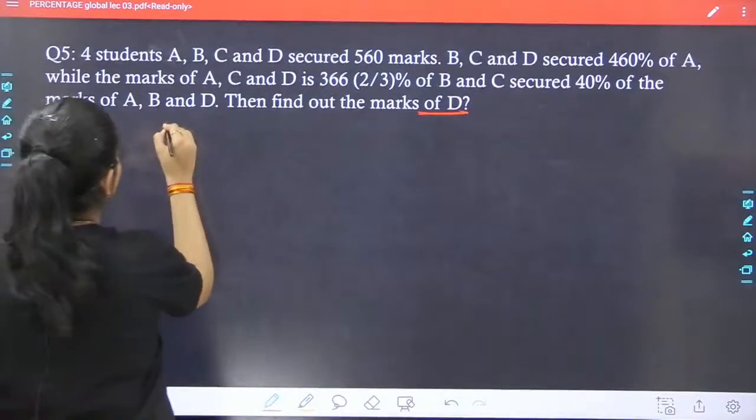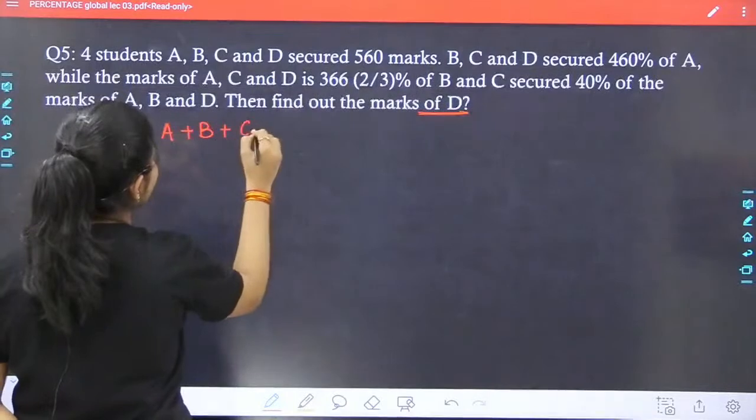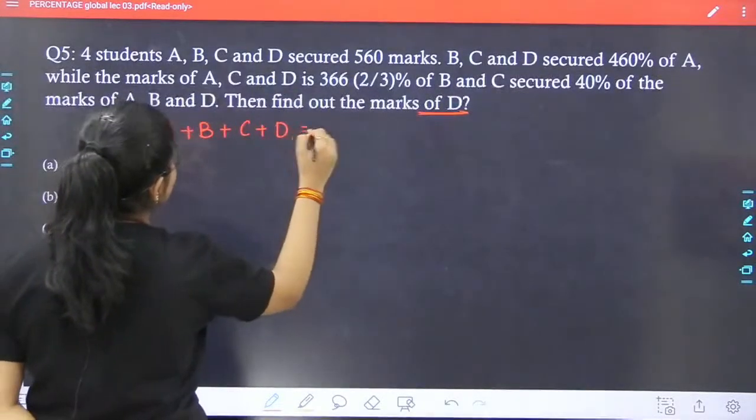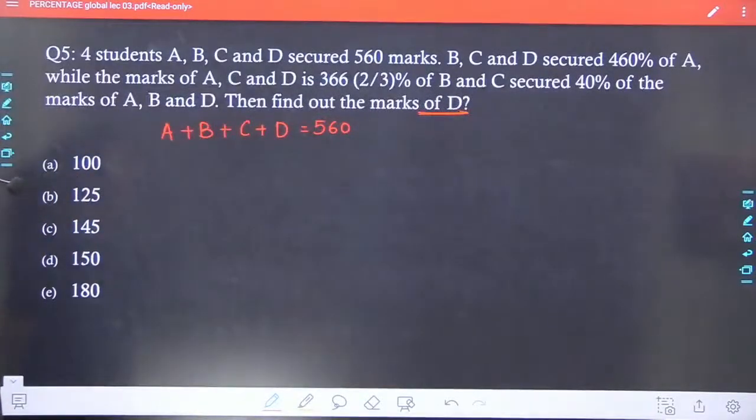It is given that the sum of their marks, that means the sum of A, B, C and D, is equal to 560.